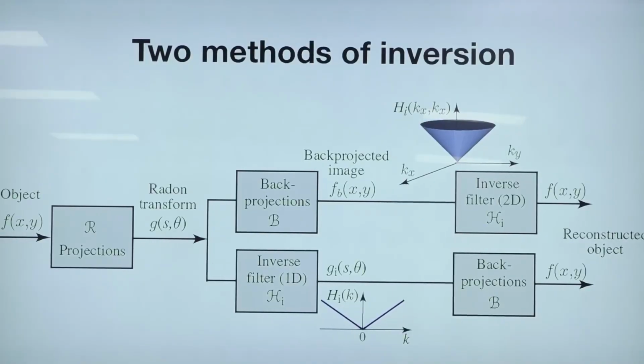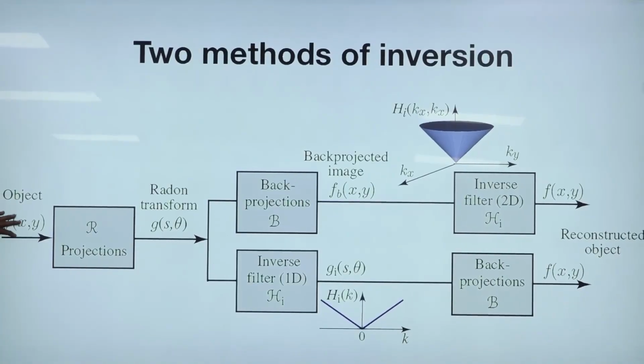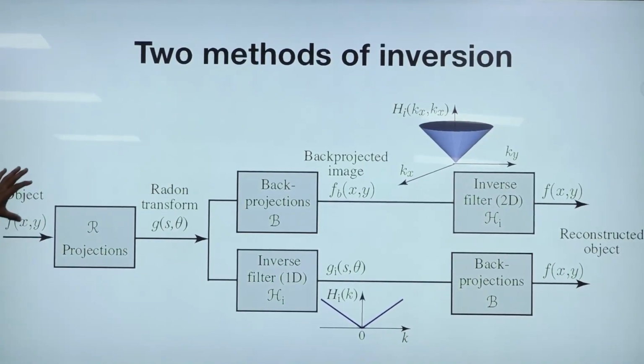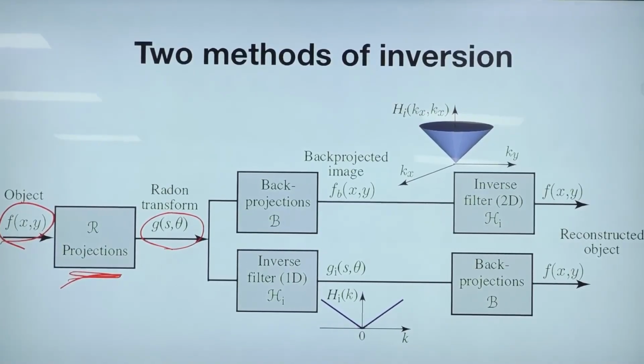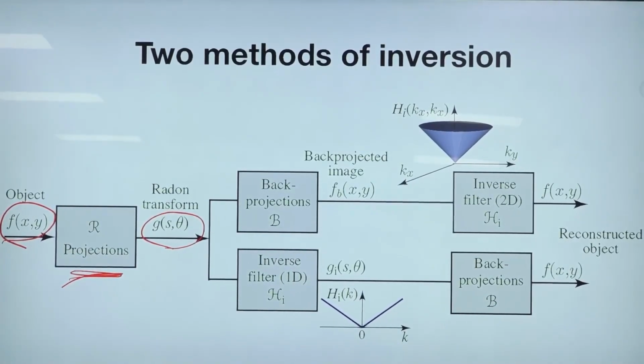So there are two basic approaches to doing the inversion. If you think of the measurement process as starting with the object, doing a bunch of projections, and getting the radon transform data, how do you get back the original object?